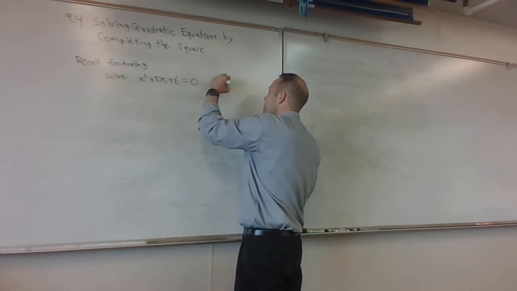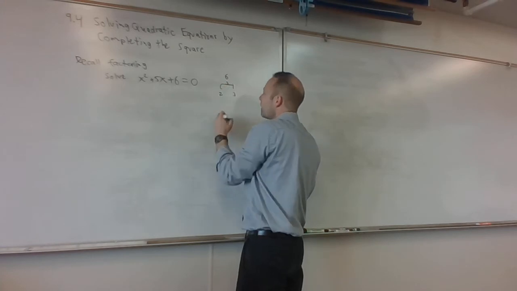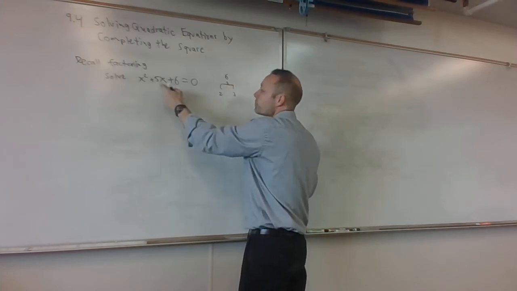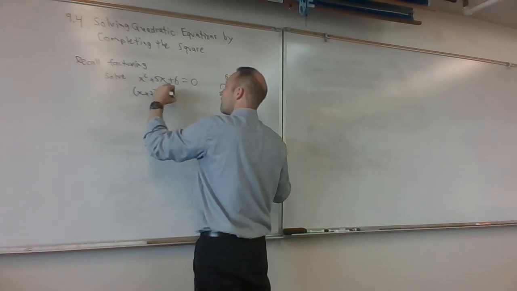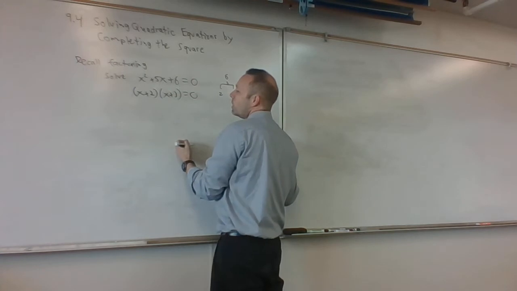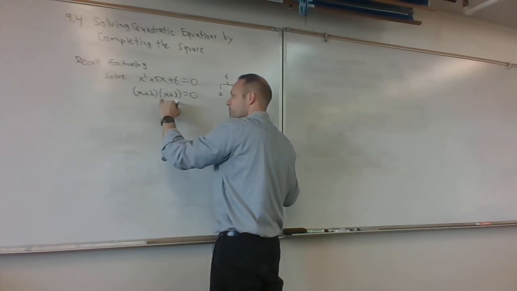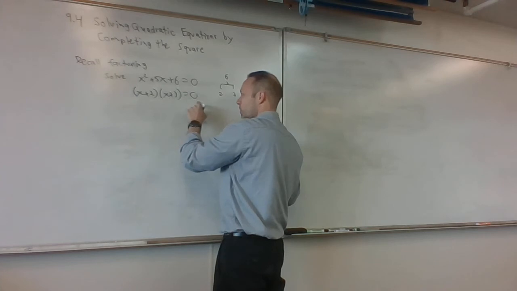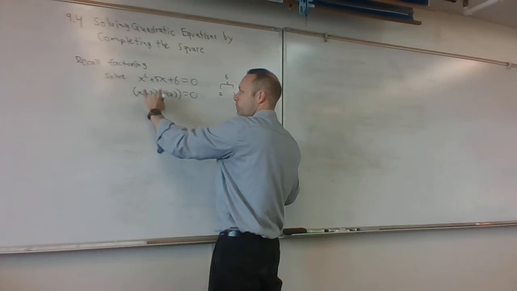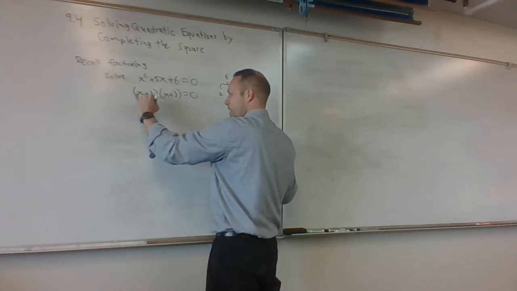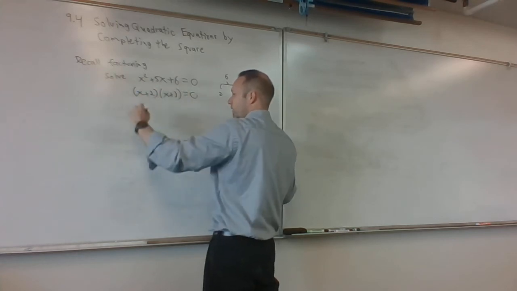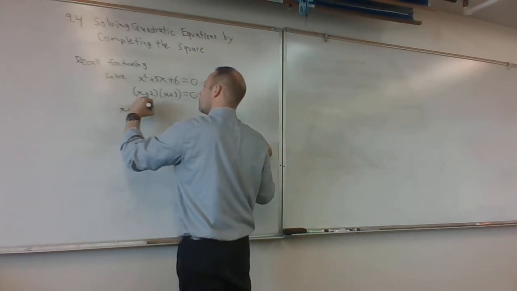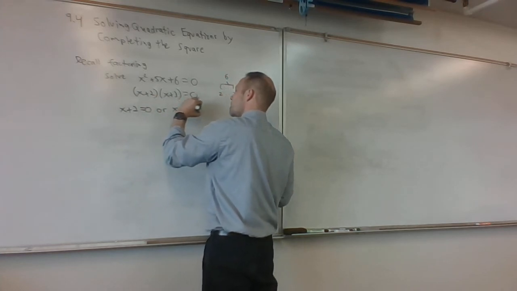6 is 2 times 3. 2 times 3 equals 6, and 2 plus 3 equals 5. So I can factor this straight to x plus 2 times x plus 3 equals 0. If this factor times this factor equals 0, then this equation will be true for whatever value of x will make the first factor equal 0, because at that point you have 0 times x plus 3, which is 0. So x plus 2 equals 0, or x plus 3 equals 0.